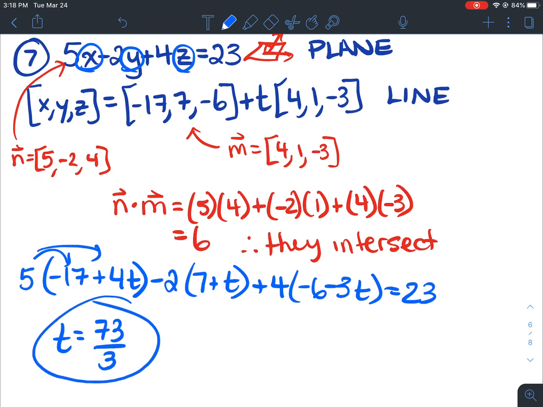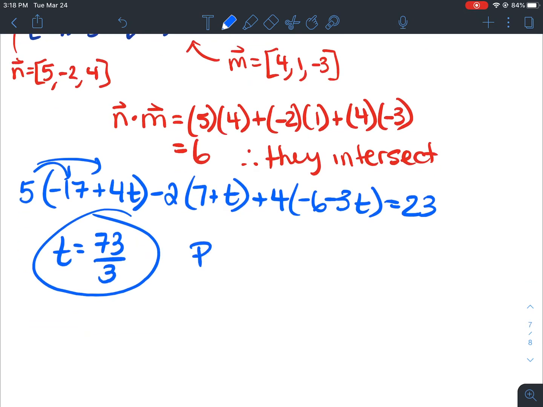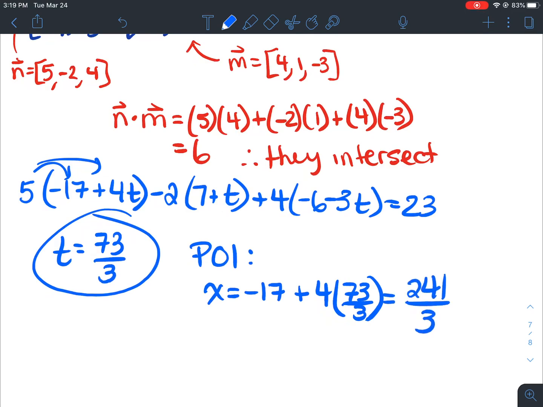Boom. Okay, well, almost done. So then for the point of intersection, you just sub that back into your parametric equation. So x equals -17 plus 4 times 73 over 3, which will equal 241 over 3.